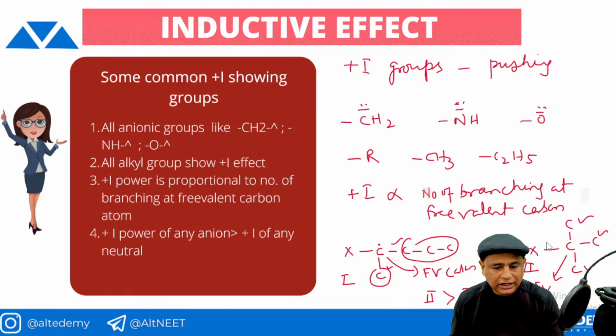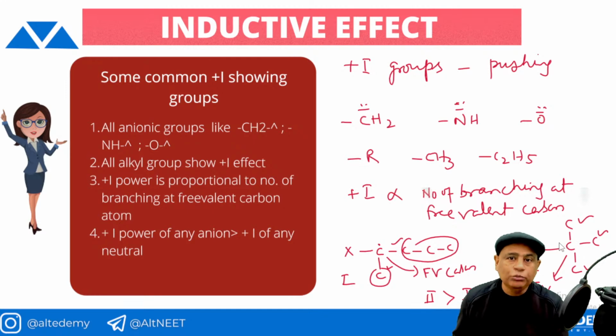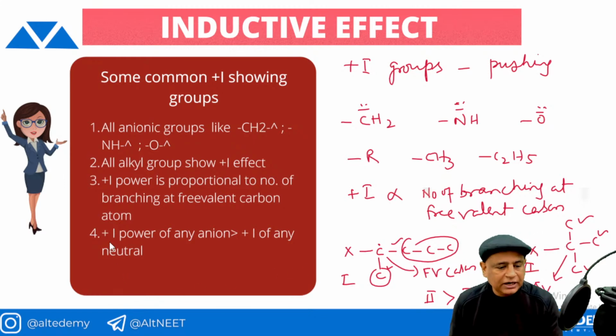Though later we will study that more number of carbon means more inductive effect, but if the comparison is like this, more branching at the free valent carbon always gives more extent of inductive effect. And similarly, plus I power of any anion is always greater than plus I of any neutral species.